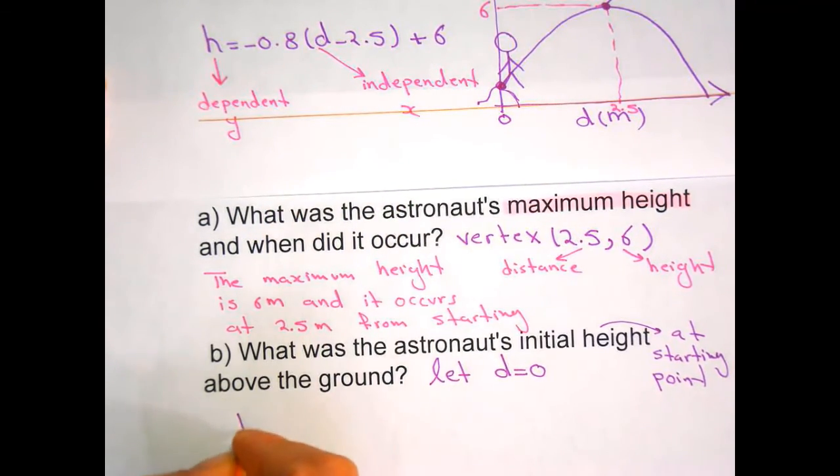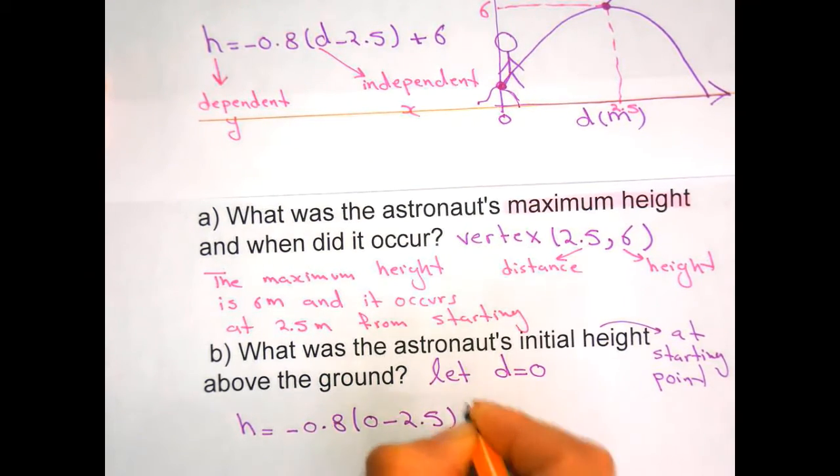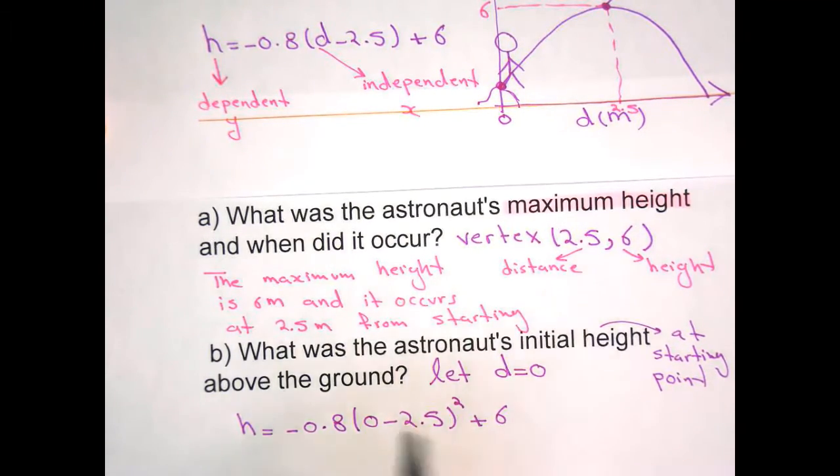So h equals negative 0.8 (0 minus 2.5) squared plus 6. Order of operations: you're going to do the bracket first. 0 minus 2.5 is negative 2.5, squared, plus 6.